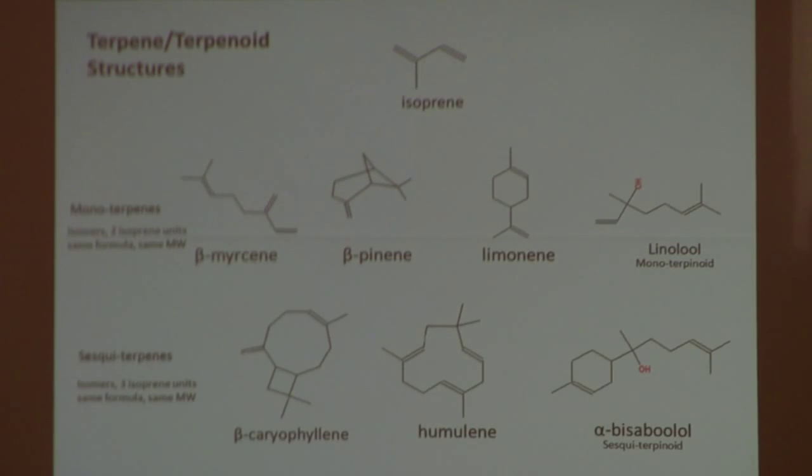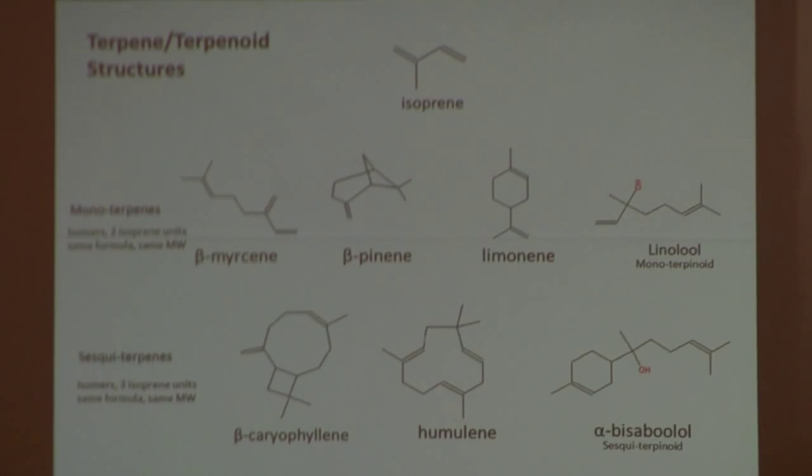Chemically, let's talk about the terpenes for a second. Terpenes basically start with isoprene. Isoprene is a chemical that many, many plants will produce, and in the process, Mother Nature can put a couple of these isoprene molecules together in different functions.